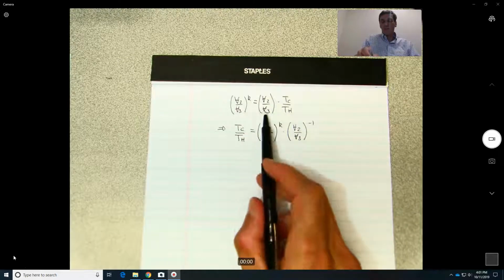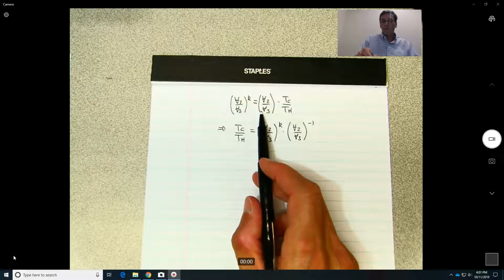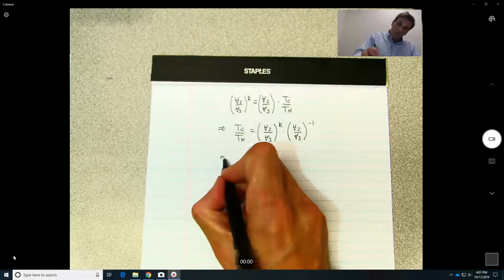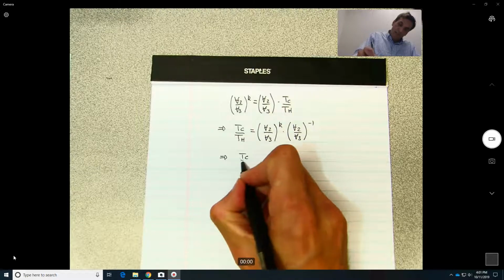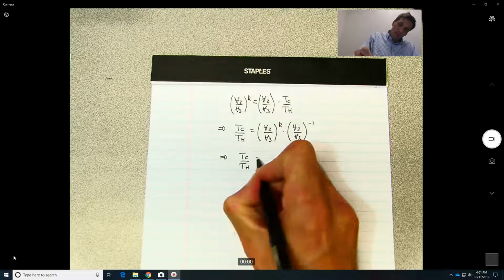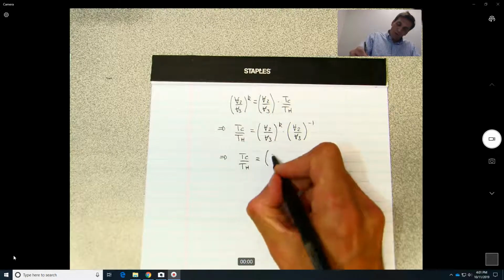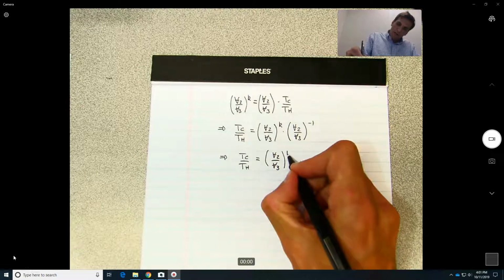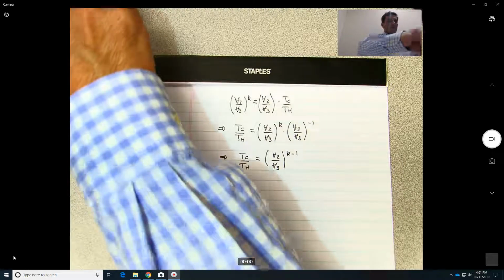So when this goes to the other side, it will be V3 over V2, which is the same as this. So at the end we have that Tc over Th will be equal to V2 over V3 to the K minus 1.